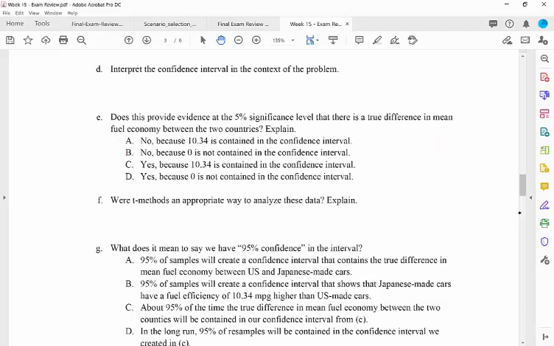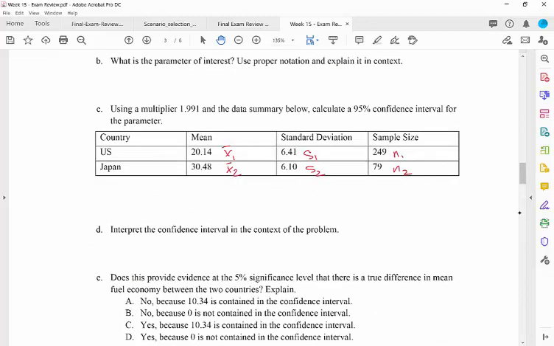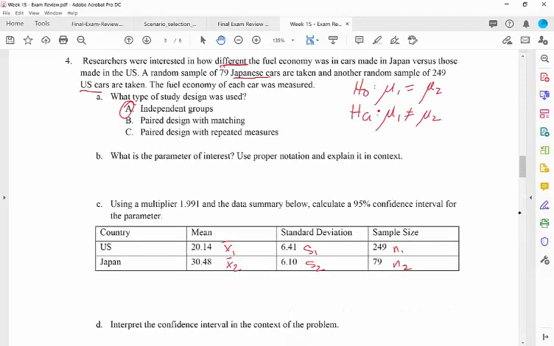And maybe, to help with understanding the hypotheses, we can think about our parameter of interest, because that's what we're using in our hypothesis statement.